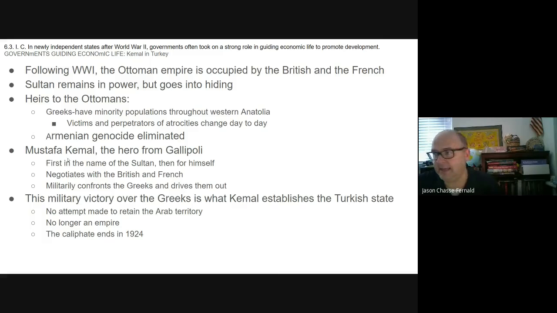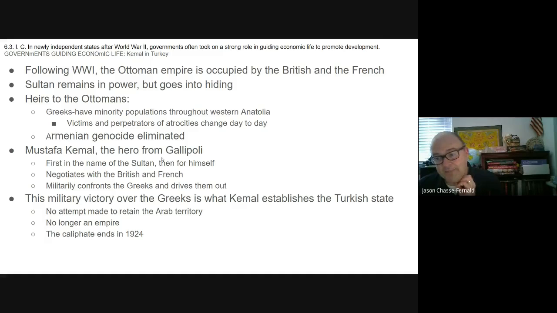So Mustafa Kemal Ataturk. And he is a war hero, a war hero from Gallipoli. Now, I know most of my students have never heard of Gallipoli before. However, if you are from Turkey, or if you are from Australia or New Zealand, you've definitely heard of Gallipoli before.